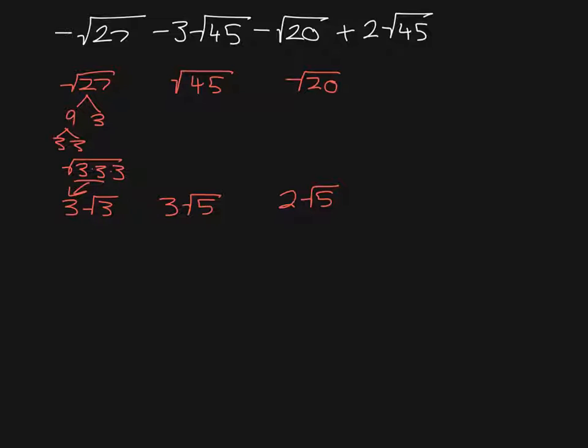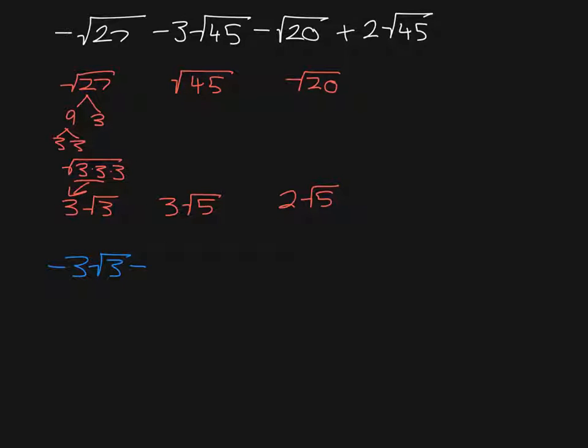And now once again, I'm just going to replace all of the radicals in our original problem with their simplified version. So negative root 27 is going to be negative 3 root 3. Then 3 root 45, so it's 3 times root 45, but root 45 is 3 root 5.